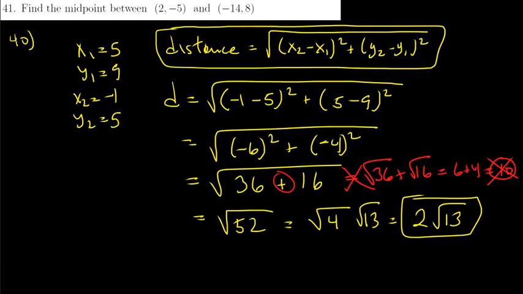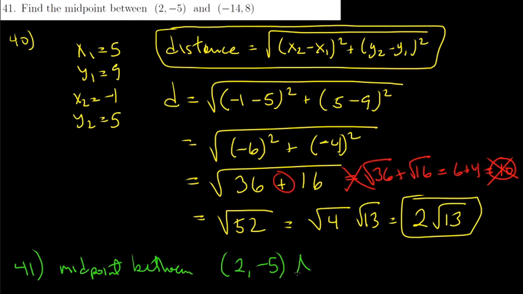Okay, and then finally number 41. We want to find the midpoint between the points 2, -5 and -14, 8.